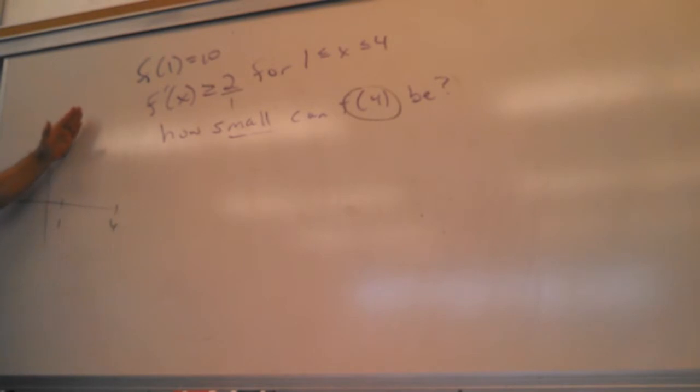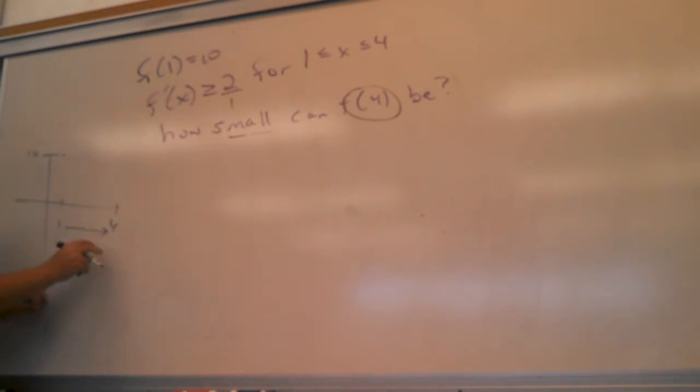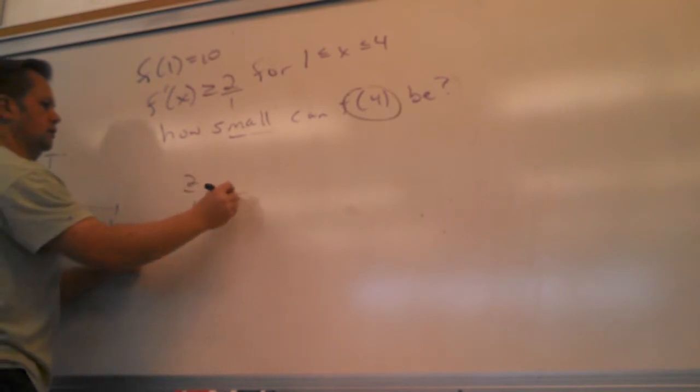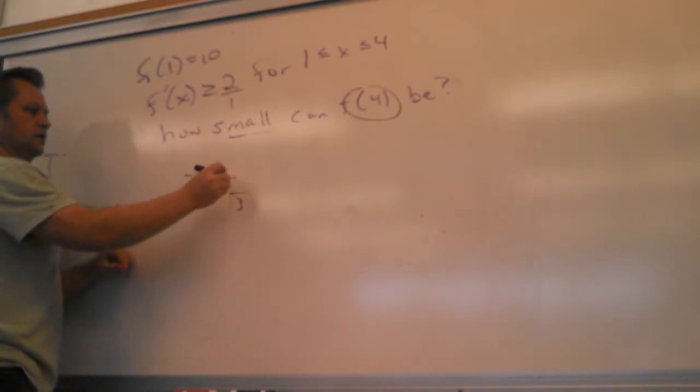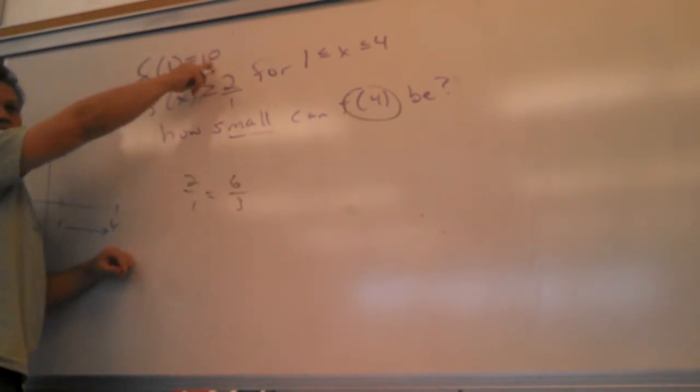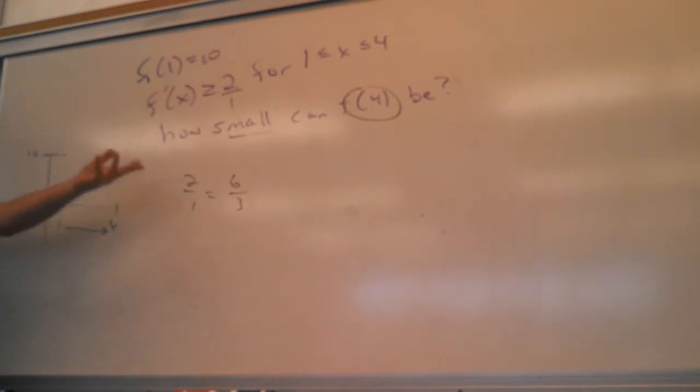So I want to make my slope the smallest I'm allowed to. And what's the smallest I'm allowed to make the slope? 2. So how many steps am I taking? 3. So if it's 2 for 1, it's 6 for 3, so it's going to rise 6, so it's going to go to 16. And it's not the only way you can do it, but to me that's the quickest way.